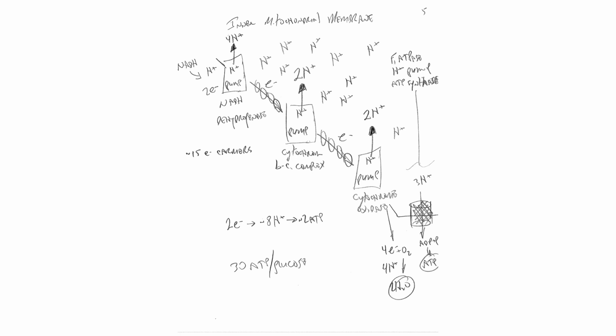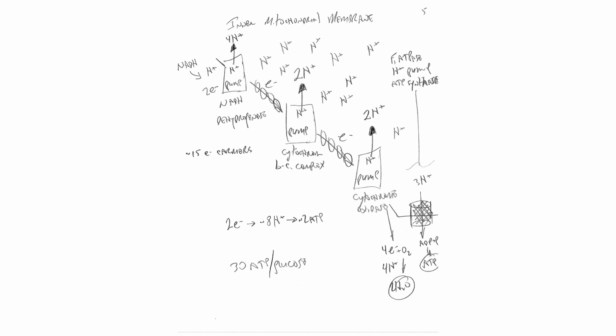They are electron carriers. They transport electrons, participate in carrying electrons down the electron transport chain, but in addition, they function as proton pumps. And every time an electron or two electrons pass through these pumps, it activates a pumping mechanism that pumps the protons from one side of the membrane to the next.